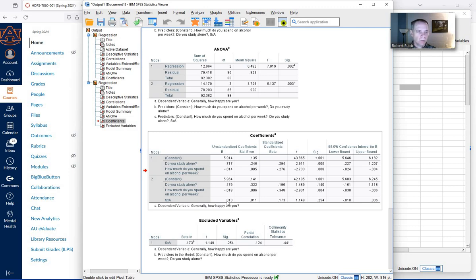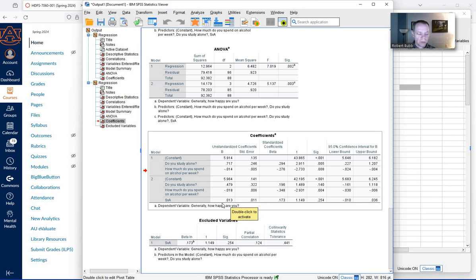All right, and so remember that interaction is saying, does the relationship between alcohol spending and happiness change depending on whether our students study alone or study with other people? And so if we were to graph those two regression lines, we'd see that the regression lines differ by 0.013. So the interpretation for the interaction term for our unstandardized coefficients is the change in the slopes.